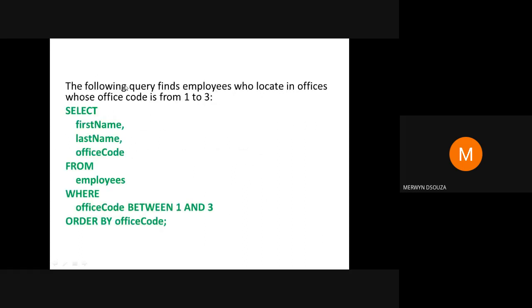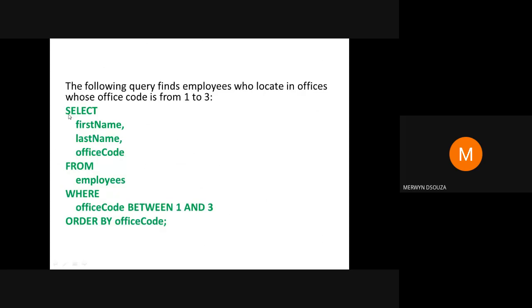We will write a query to find all employees who are located in the offices where the office code is from 1 to 3. So all the employees having any of these office codes are to be displayed in the output. The office code could be equal to 1 or 2 or 3. So we will use the between clause to find the output according to this query.